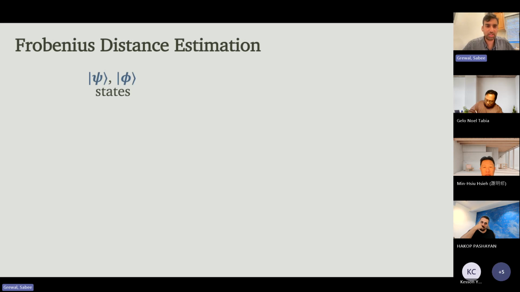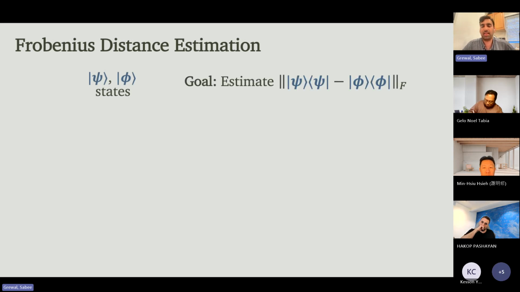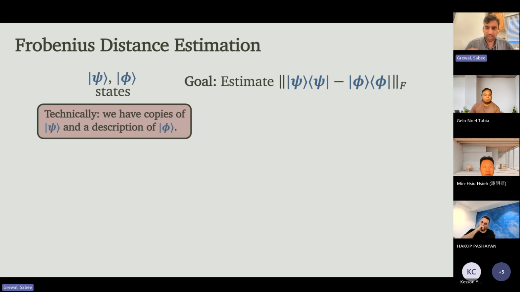So we have two states, psi and phi, and our goal is to estimate their Frobenius distance. Technically, I don't expect you to be tracking these details, but if you're tracking this carefully, in the pure state tomography algorithm, we have copies of psi, and we have a classical description of phi, and we're trying to estimate the Frobenius distance between the two.